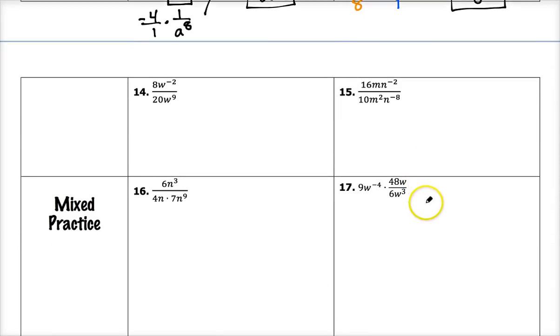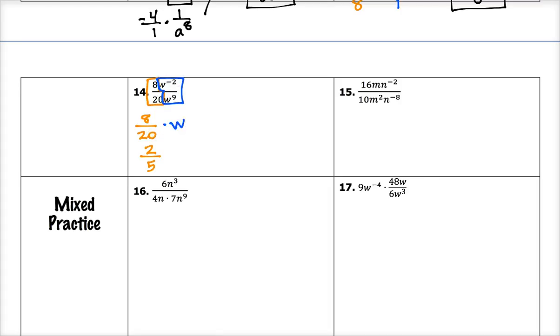Okay, number 14, 8w to the 2nd over 20w to the 9th. My coefficients, again, are 8 and 20, so the fraction 8 over 20 will reduce to the fraction 2/5. And then we have w to the negative 2 over w to the 9th.